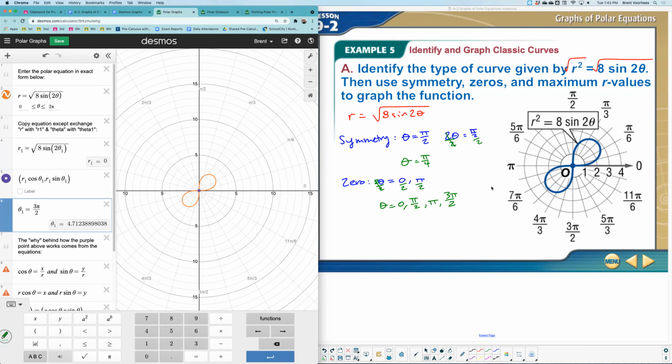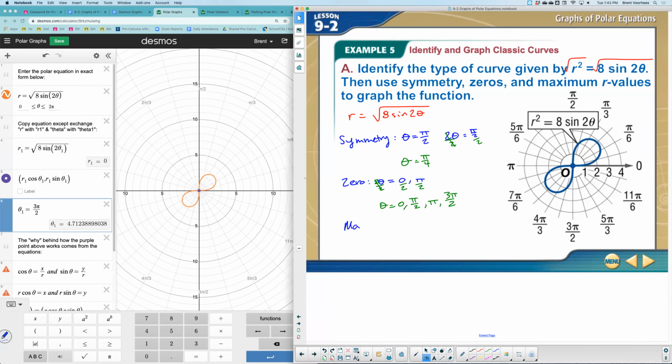And the maximum, what we just said, was the square root of 8. That coefficient. The maximum would be the square root of 8. And they do this absolute value of r here, square root of 8, which happens to be 2 square roots of 2. This is a lemniscate, by the way. Lemniscate.